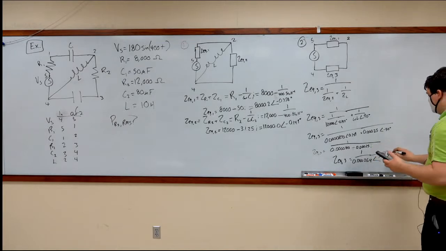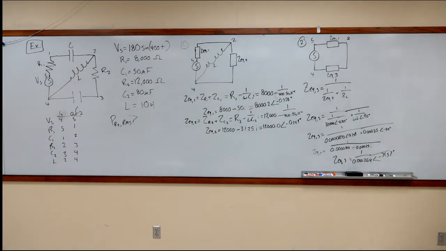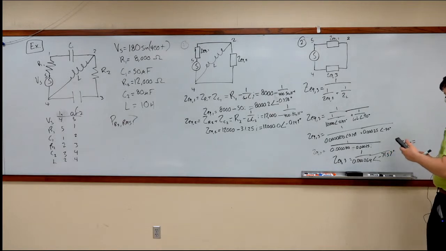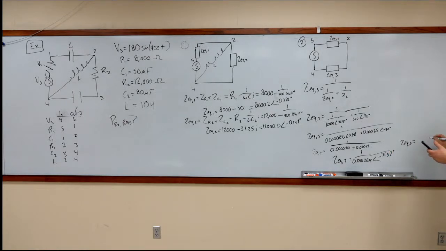Okay, so when we invert that, ZEQ3 is equal to 3788 at an angle of 71.57 degrees. So that was some gross math. Had to be done, but it was gross.